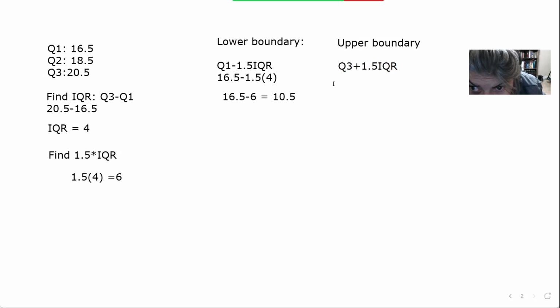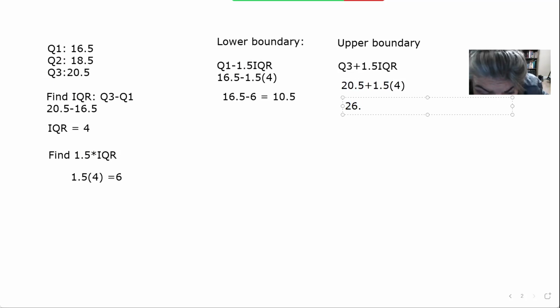And so I end up with 20.5 plus 1.5 times 4. And again, that's 6. So 20.5 plus 6 is going to be 26.5 units.